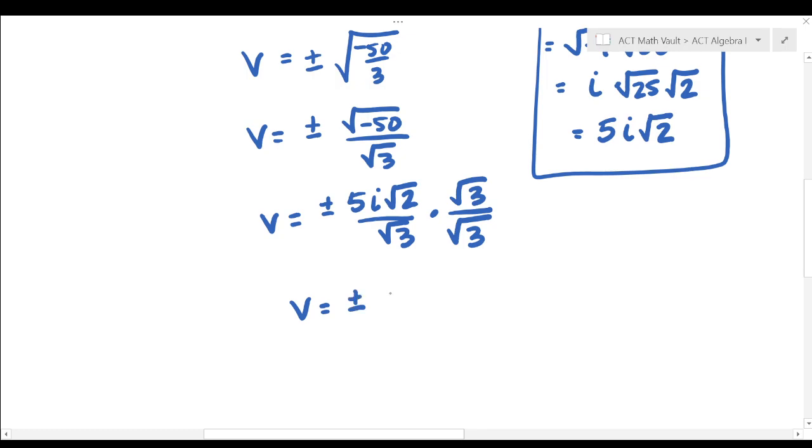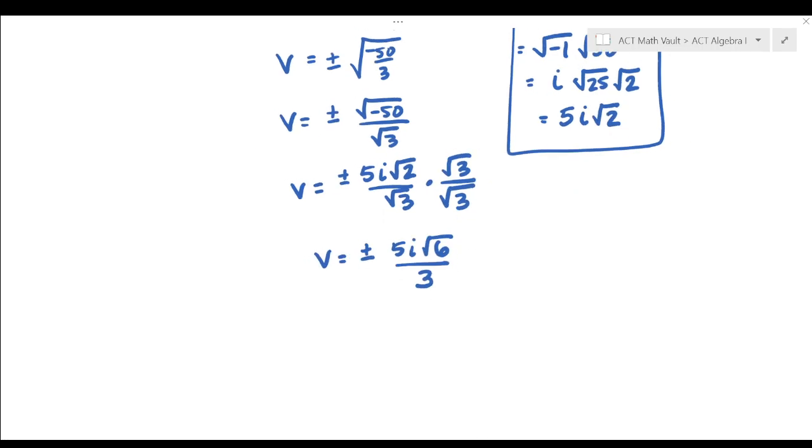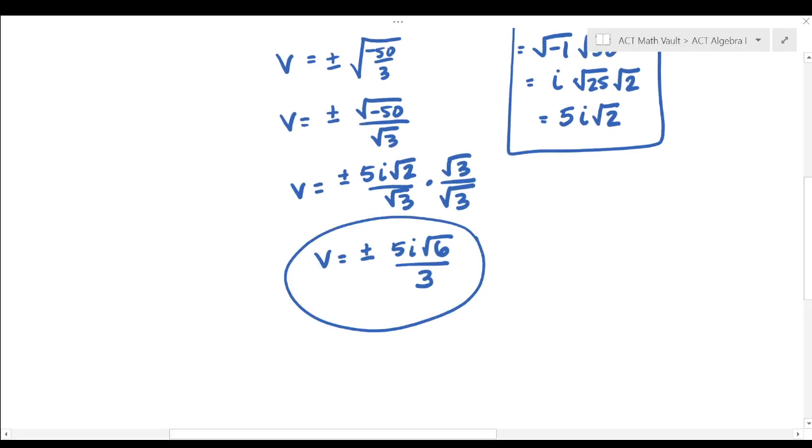So I have plus or minus 5i root 6 over 3. Why is that? Because root x times root x is just equal to x. If you're squaring square roots, that would balance out. We'd have like the square root of x squared, that balances back out to x. So there is my answer.